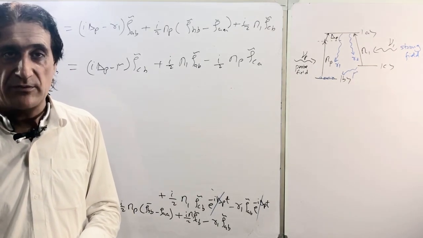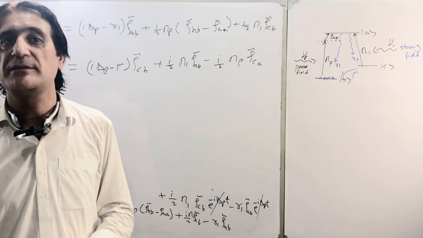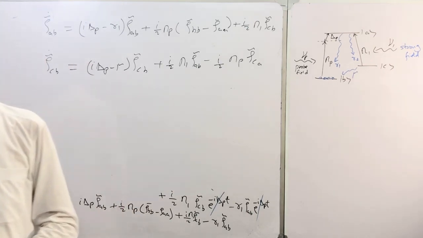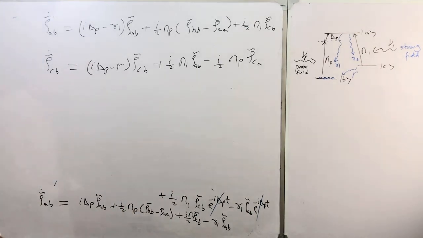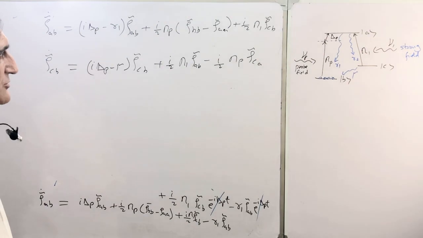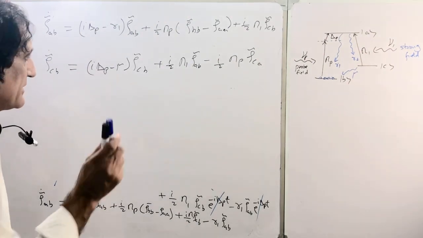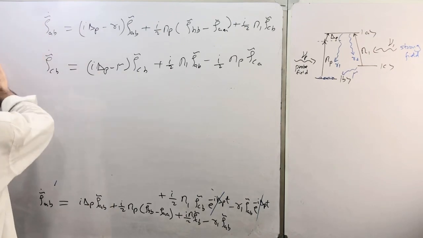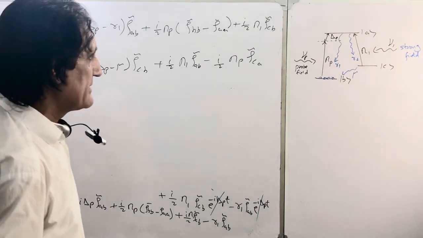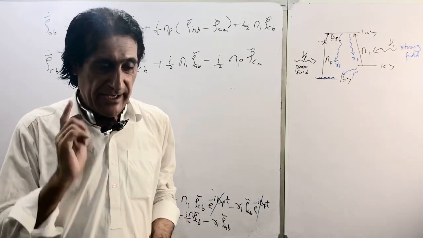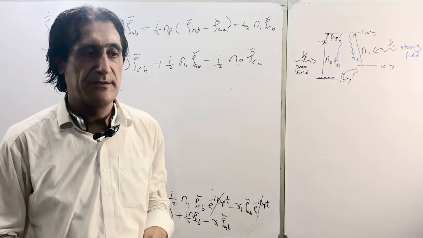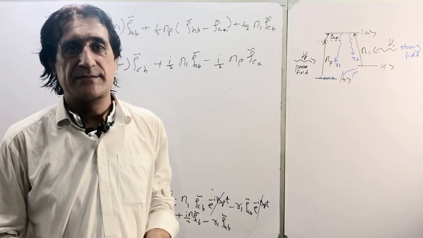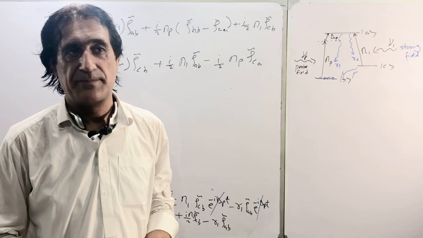So we have to use a perturbation theory, and this perturbation theory is helpful to reduce the eight coupled equations to only two coupled equations. Let's see. EIT is a linear process. We have to consider this in first order.